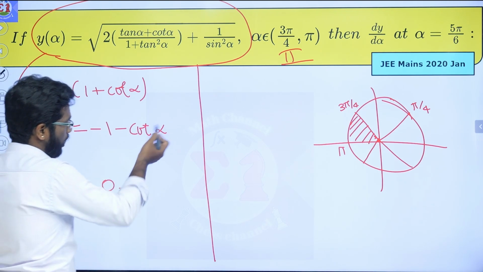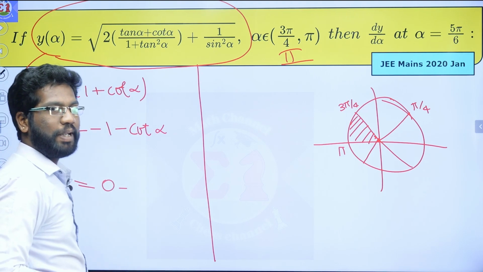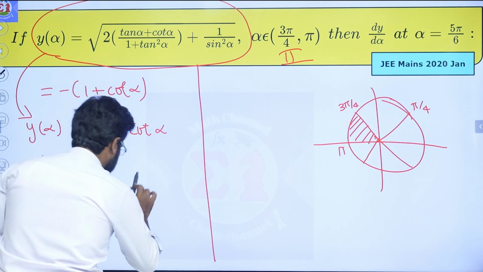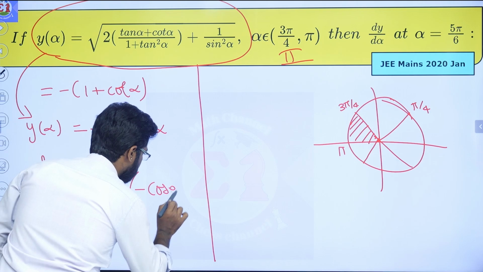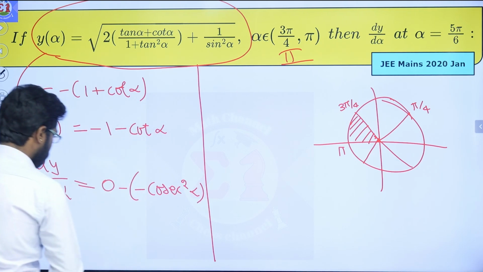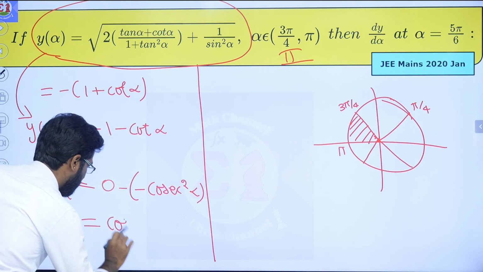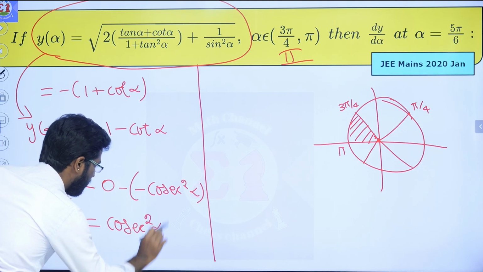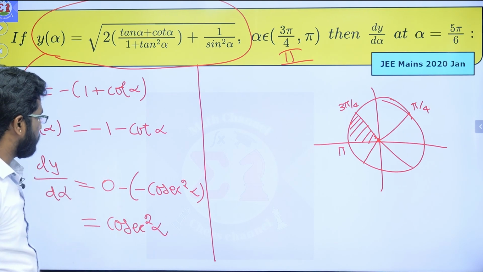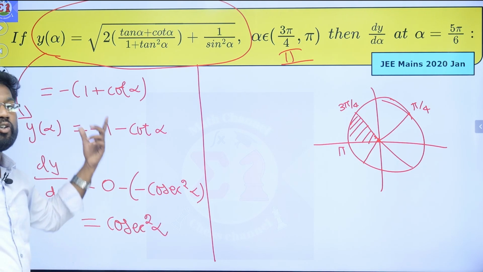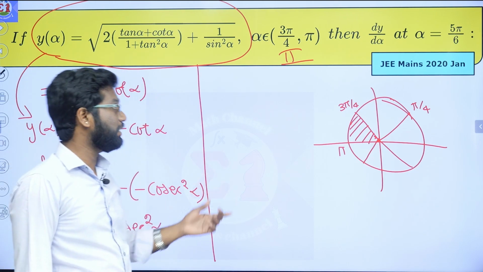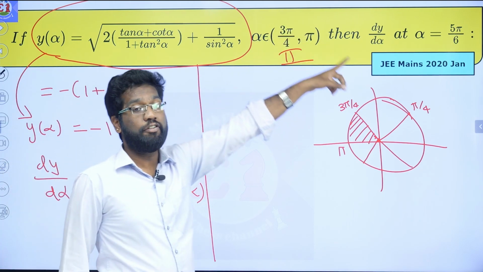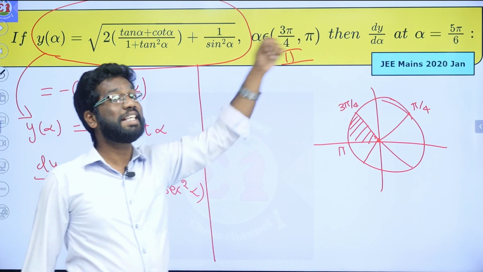So minus cot alpha. Differentiation of cot alpha is what, my dear students? Minus cosecant square alpha. So here I am getting the value cosecant square alpha. The differentiation value is cosecant square alpha. And another thing they have mentioned is at alpha equals 5 pi by 6.